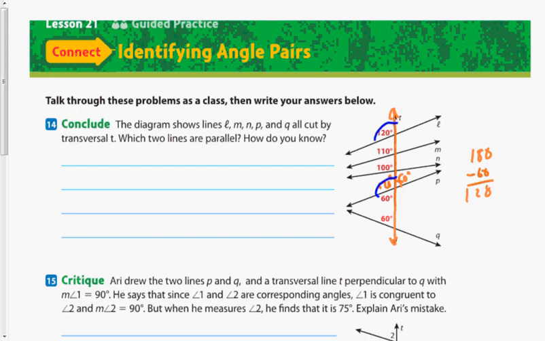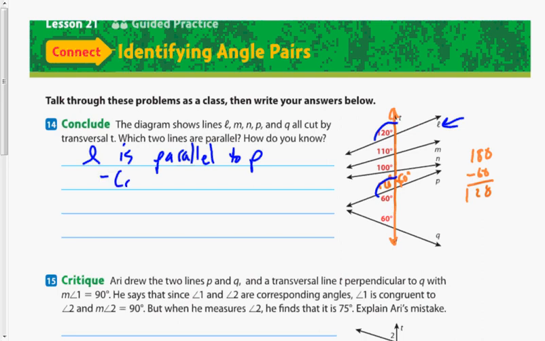So that means that those two lines that they're touching, line P and line L. So line L, and that's a cursive L right there, that's what they use for lines, is parallel to line P. And how do I know that?